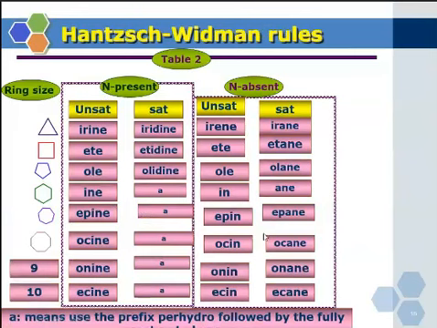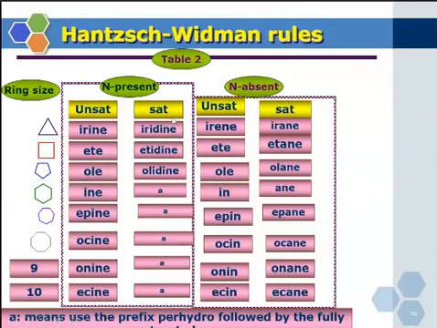Here is table number 2. If we have a tricyclic structure with nitrogen present and the ring is unsaturated, the suffix will be irine. If it is saturated, we will call it iridine.